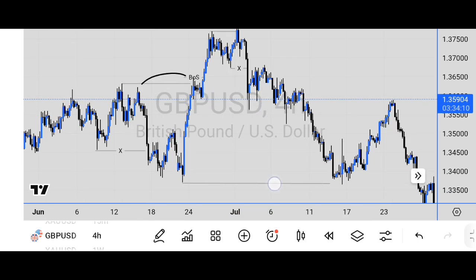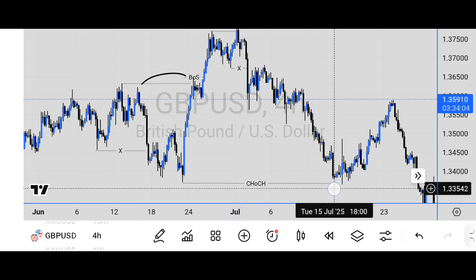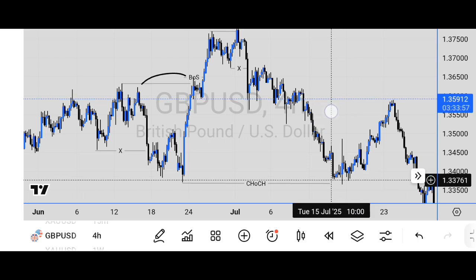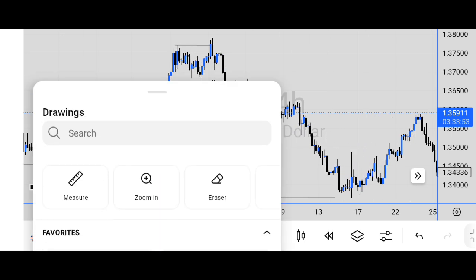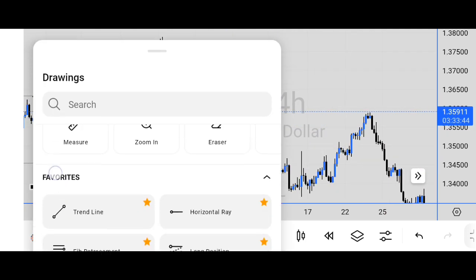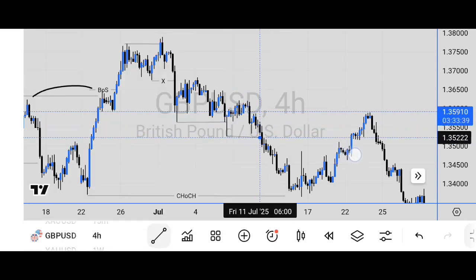So that is when price breaks below this area, we have moved from bullish to bearish. So now inside this area, we had a sweep of this low. Then here price confirmed an internal structure chalk.